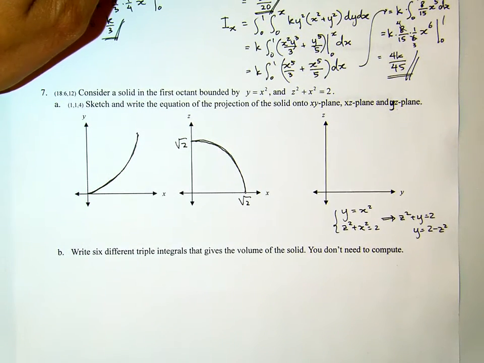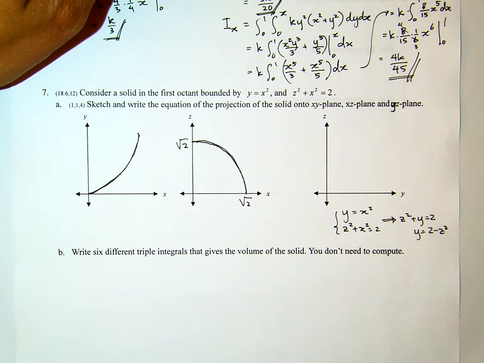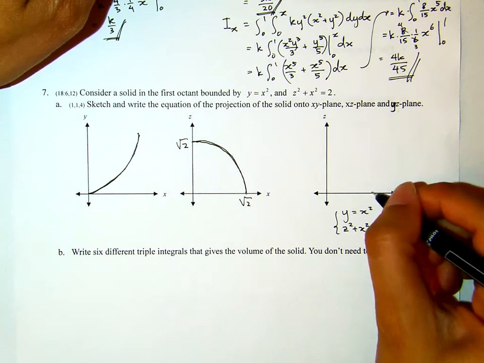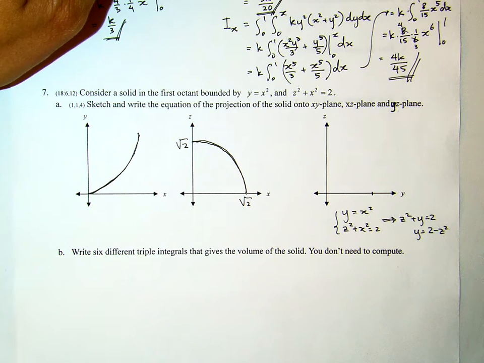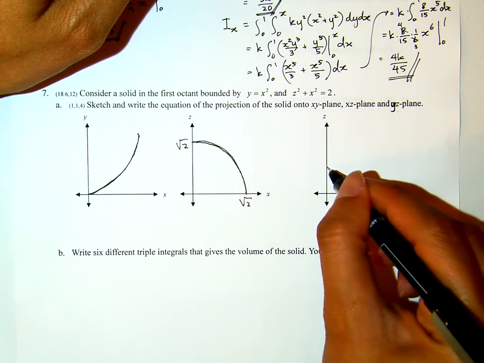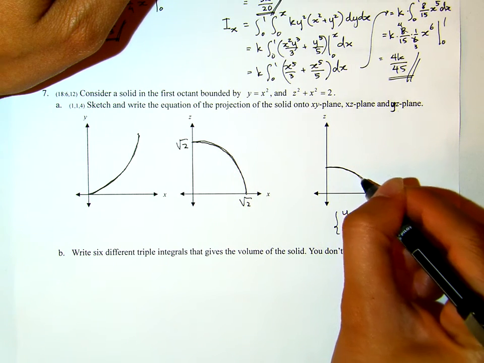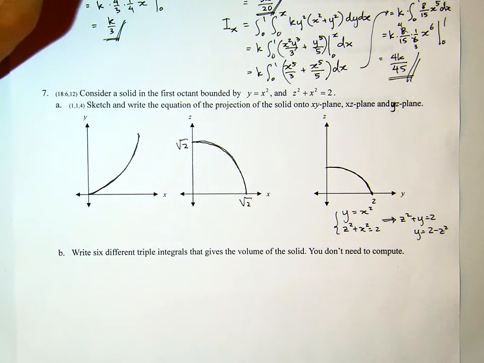Okay, so that means the vertex will be 2, 0, right? And we are dealing with the first octant only. You will see this is what it looks like, approximately, the first octant.